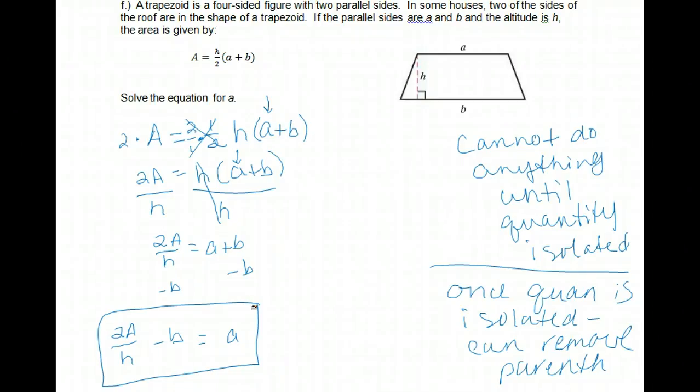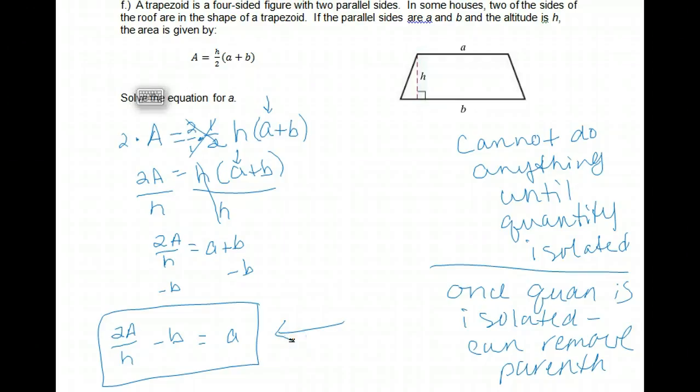And what that would allow you to do is once you are given a value for your area, your height, which is your altitude, and B, which is the long base, basically the ceiling of your house, you would be able to plug those three values into this final formula.